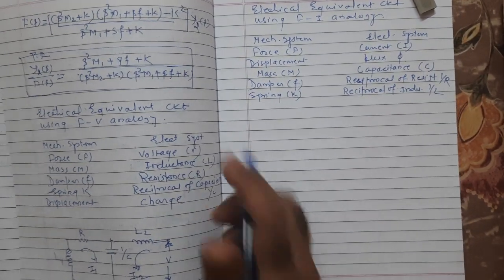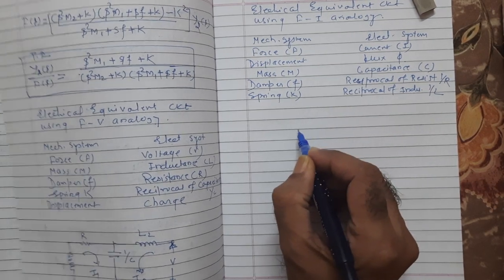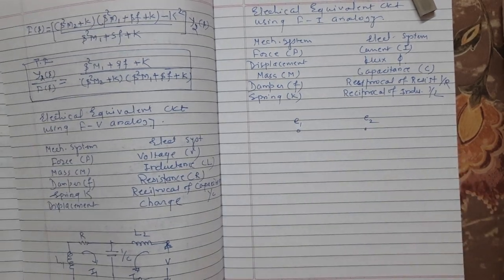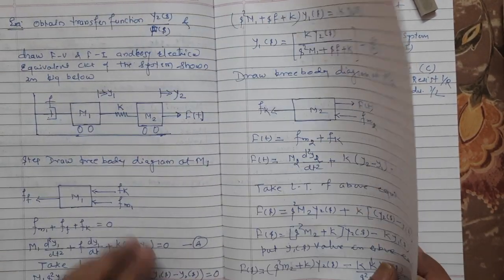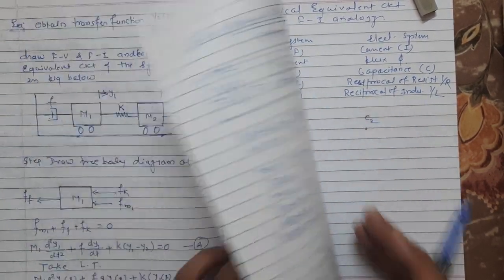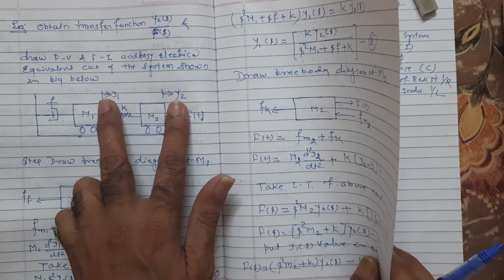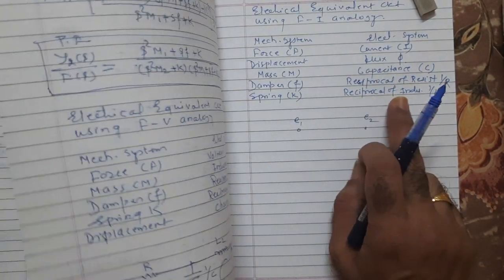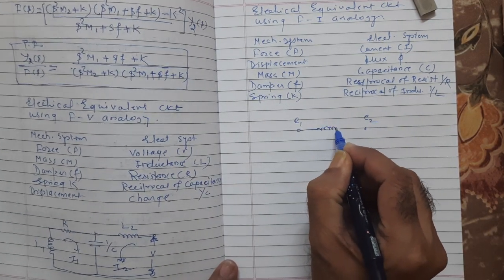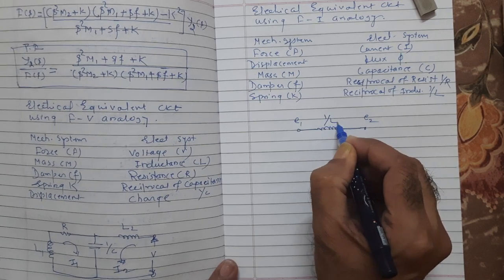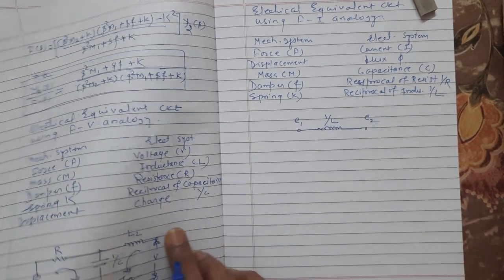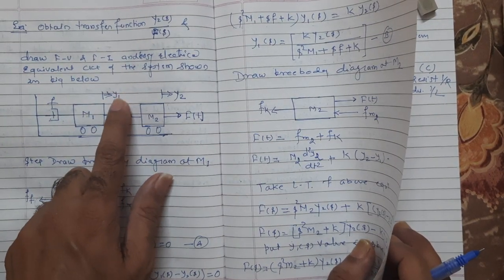So what we will do here, first we will mark the two nodes, one is E1 and the other is E2. Between E1 and E2, or between Y1 and Y2, there is a spring. What is the equivalent of the spring? That is the reciprocal of the inductance. So first we will draw the inductance, that is 1 by L. Now to this E1, that means to Y1, what is connected?